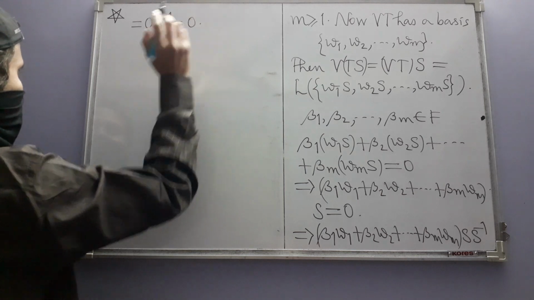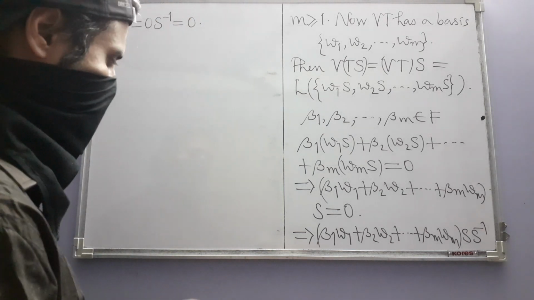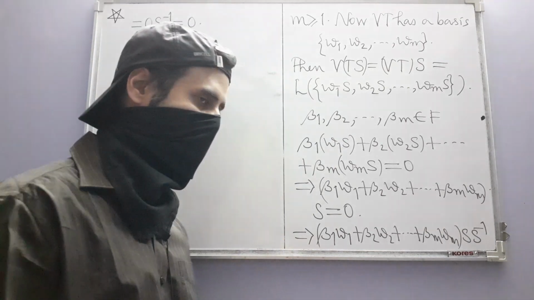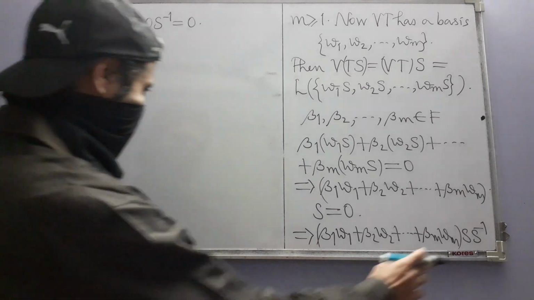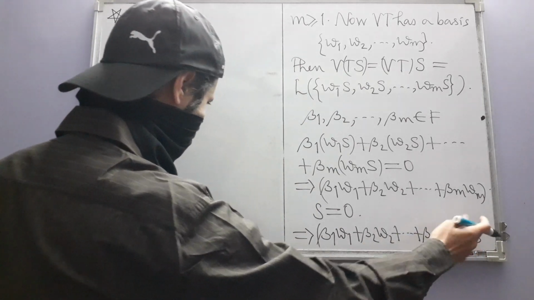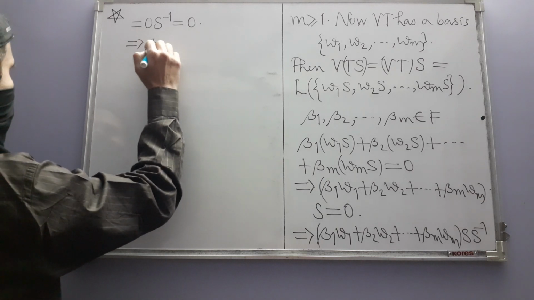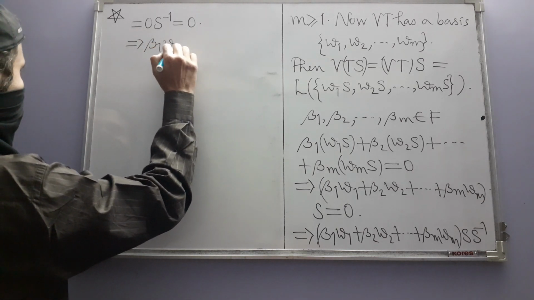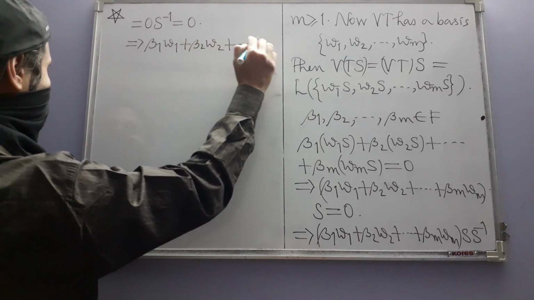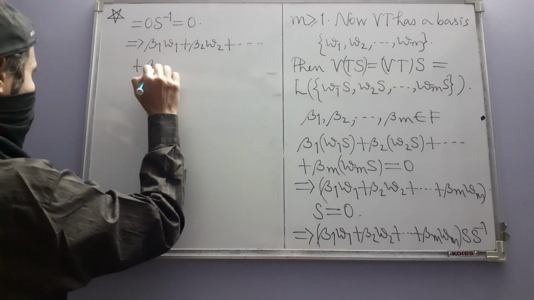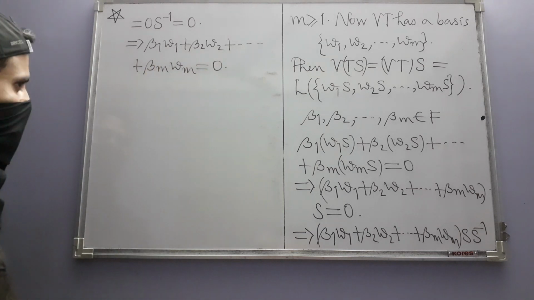Which is 0, because S inverse is a linear operator as well, and any linear operator maps the 0 vector onto the 0 vector. But this becomes the identity operator, so you get this.